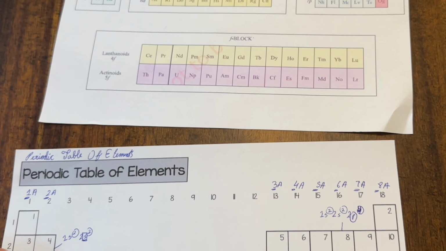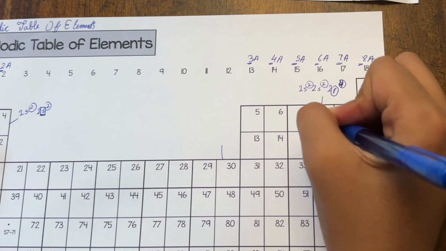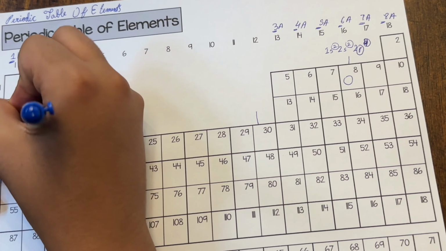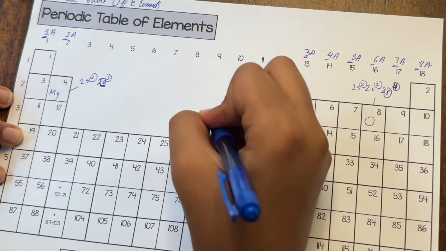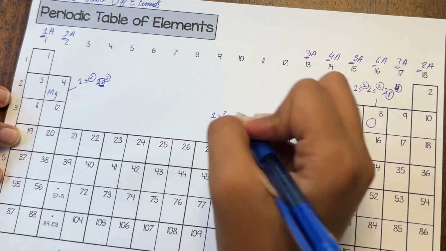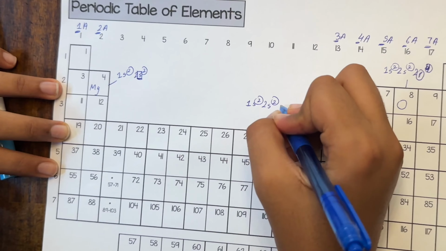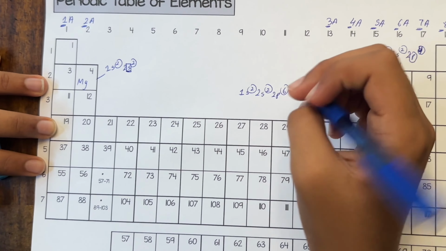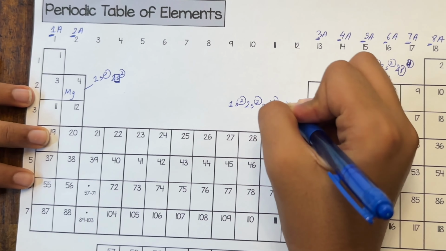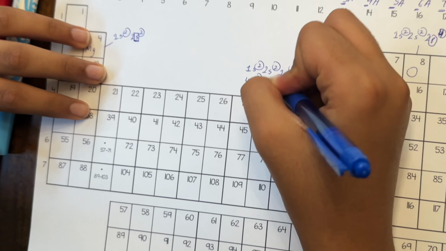Let's just take zinc, for example, which is 30. Oxygen, magnesium, zinc. So 1s squared, 2s squared, 2p to the sixth, which is the max, 3s squared, 3p to the sixth, 4s squared.